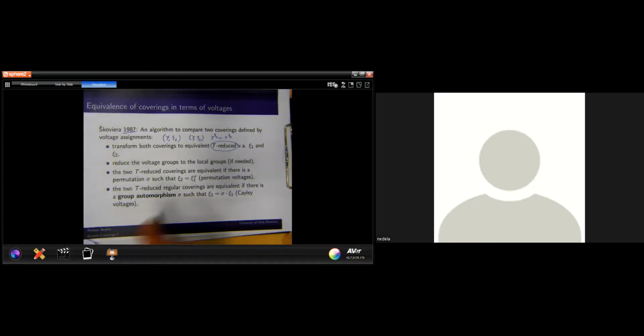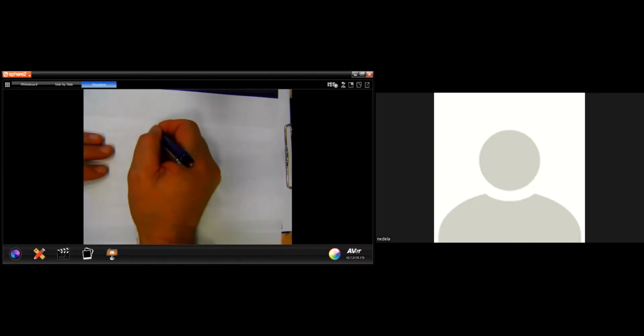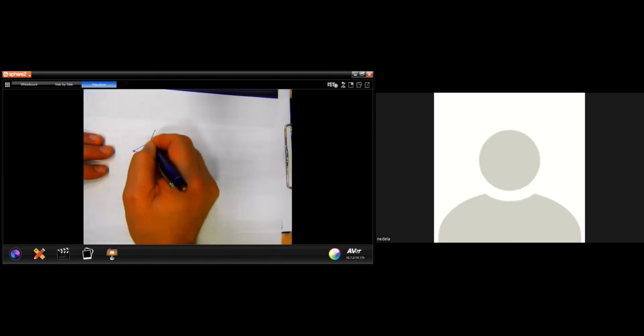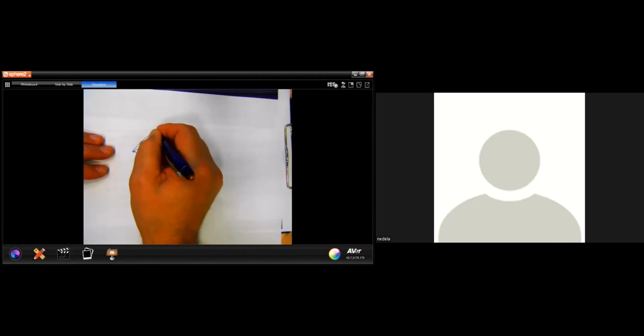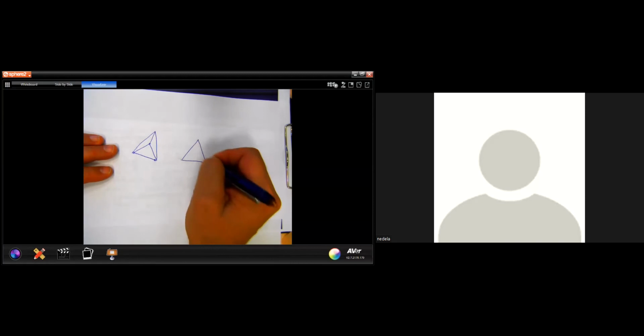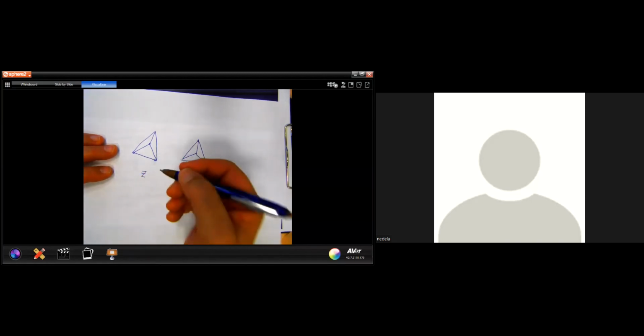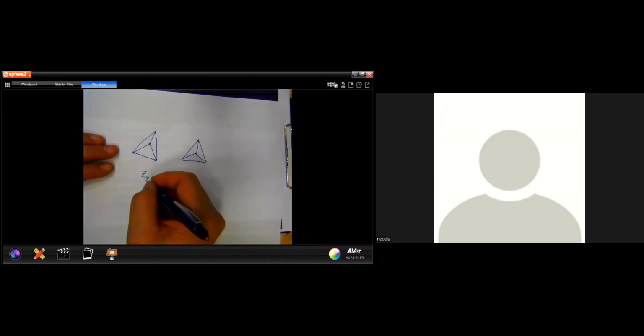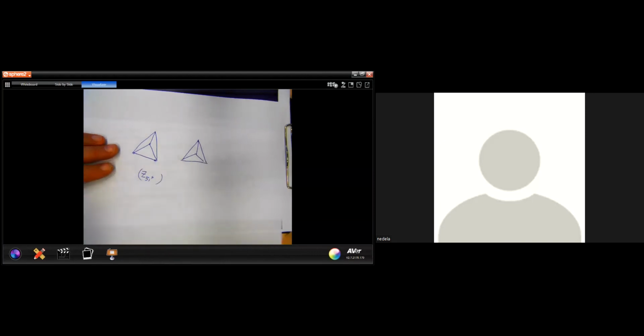So what is going on? Just a simple example. Let the graph be K4. Let me consider, for instance, Z5, the additive group.